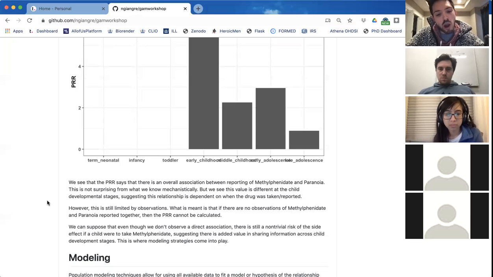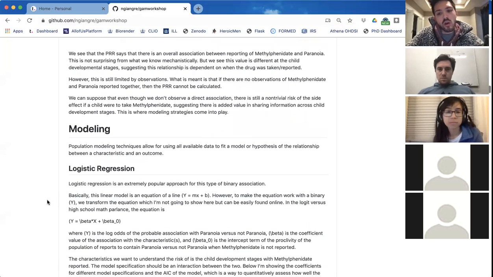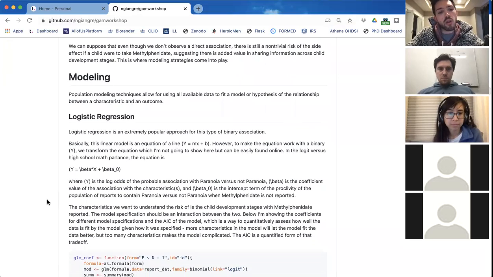And this is where modeling strategies come into play to kind of make up room here. Now with modeling, these techniques allow for using all available data to fit a model or a hypothesis of the relationship between a characteristic and an outcome.